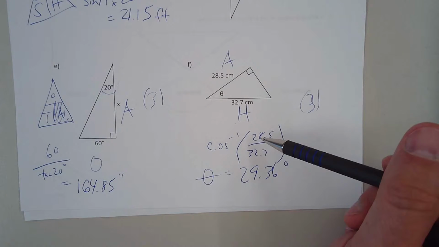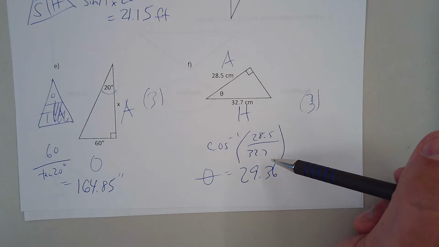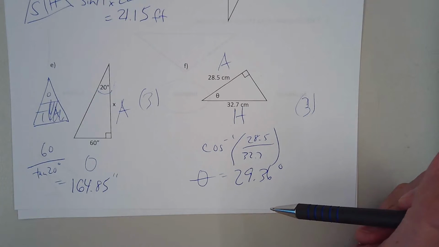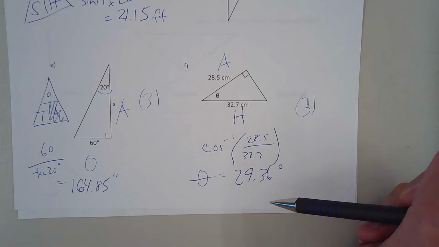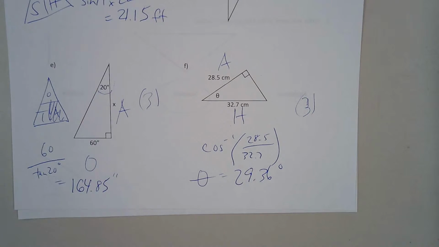Because if you go 28.5 divided by 32.7 and hit shift, it's going to try to do the inverse of 32.7 and it'll give you an error. So make sure you hit equals first. Make sure in your calculator you have a decimal, 0 point something, before you hit shift cos. Yeah. So just remember that. Hit equals before. Okay.